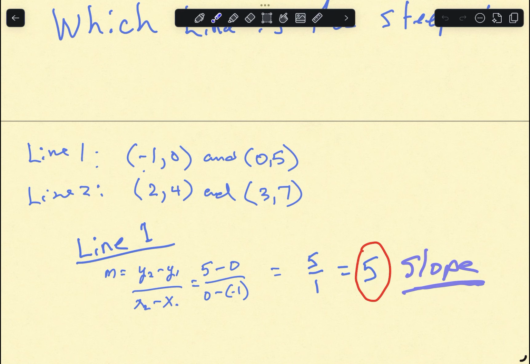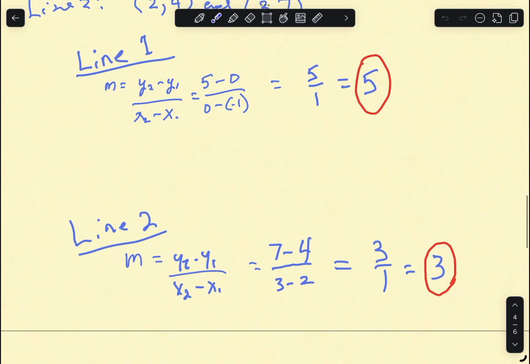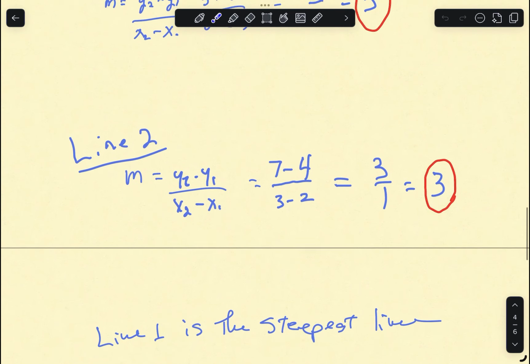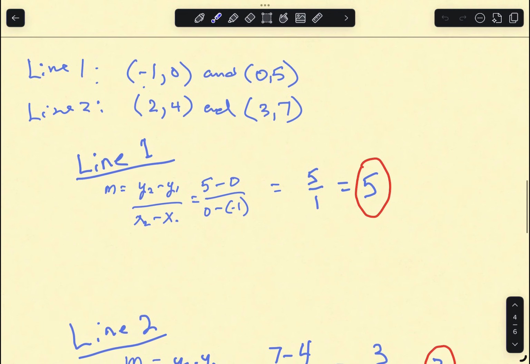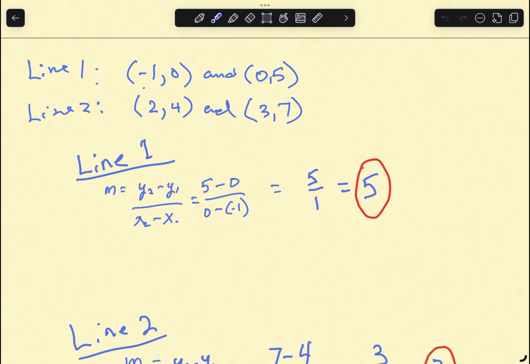Now we go to the next one. We've got line 2, and I'm going to write this one down here because we just have to have a place for it. Line 2 has the points 2, 4 and 3, 7, and these are the 2 points that make this line. 2 points create a line.